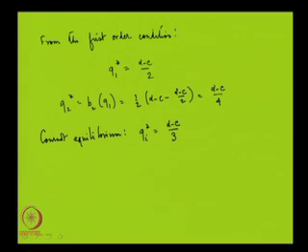What about the profits? In the Cournot equilibrium, what were the profits? It was alpha minus c whole square divided by 9. Okay.